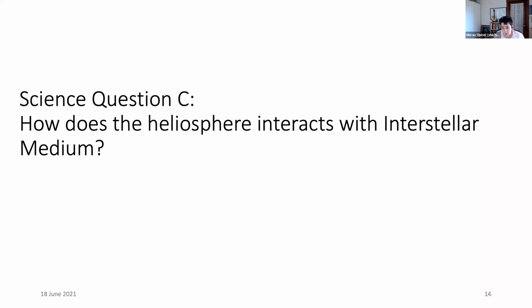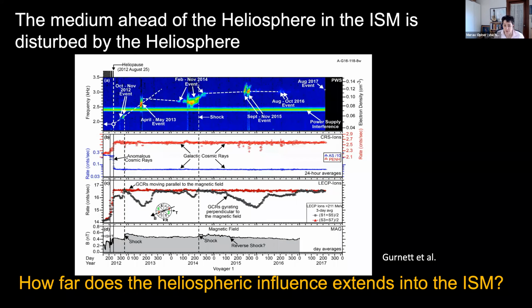Finally, there is a bigger question that the community is trying to understand, which is how far upstream of the heliopause we affect the interstellar medium. When I entered the field 20 years ago, we thought that once you cross the heliopause, you have a very quiet interstellar medium.